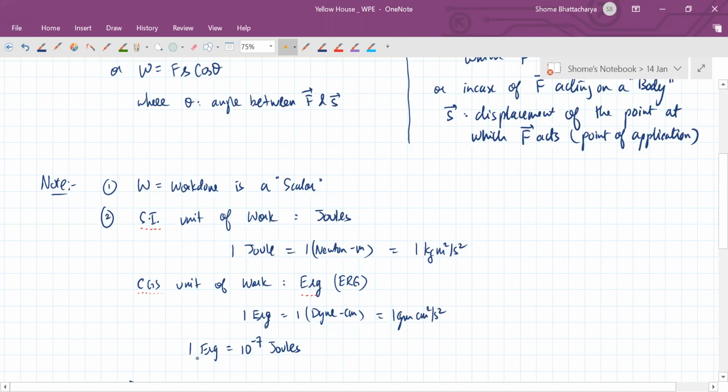So accordingly, one erg is equal to 10 raised power minus 7 joules, because as you know, one dyne of force is 10 raised power minus 5 newtons. And obviously 1 centimeter is 10 raised power minus 2 of a meter. So that's why this quantity becomes this.